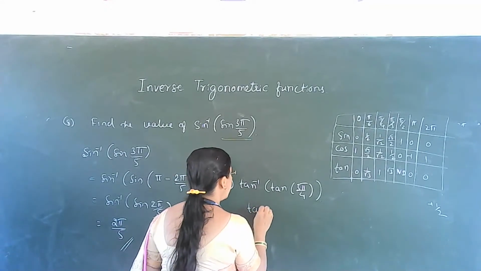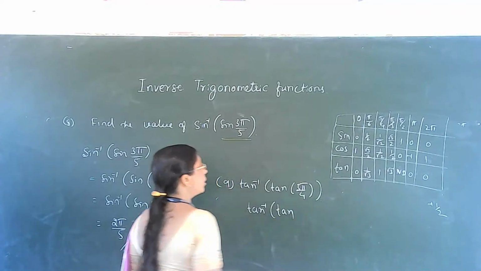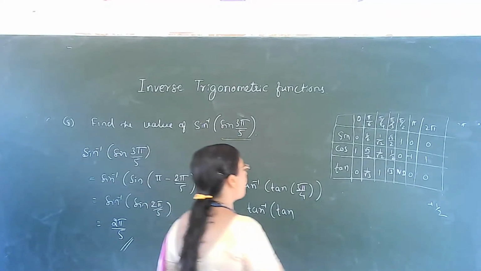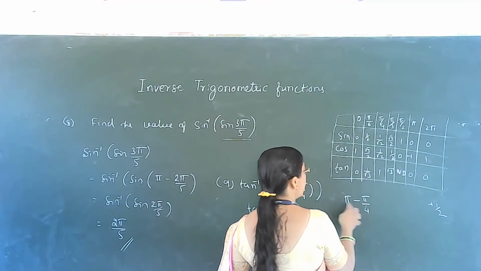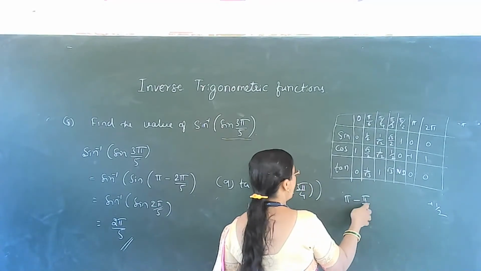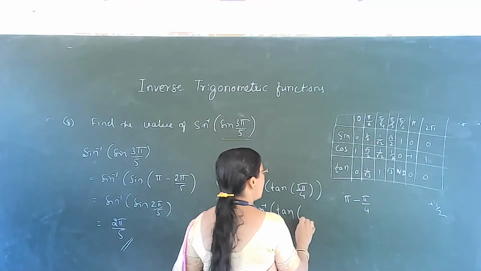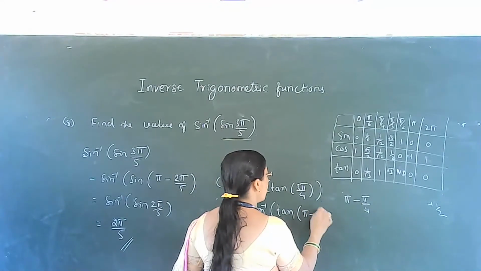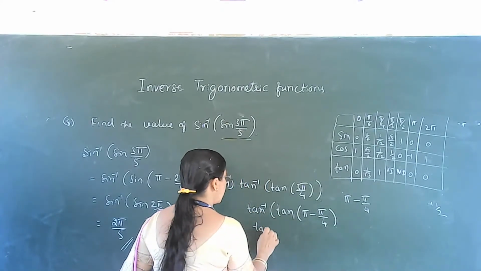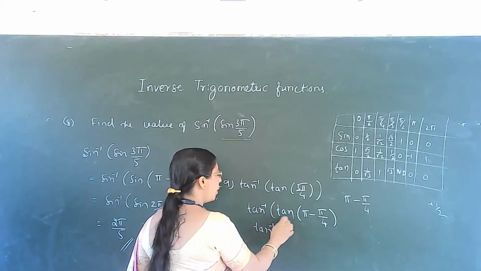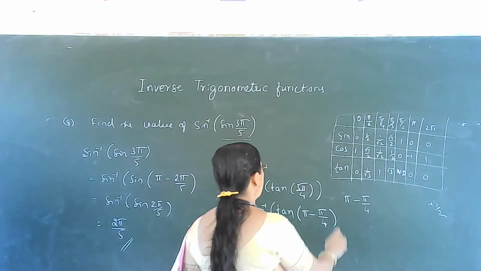You should write tan inverse tan of pi minus pi by 4, because pi minus pi by 4 is equal to 3 pi by 4. Therefore, I write it as pi minus pi by 4. Then tan inverse of tan of pi minus pi by 4.